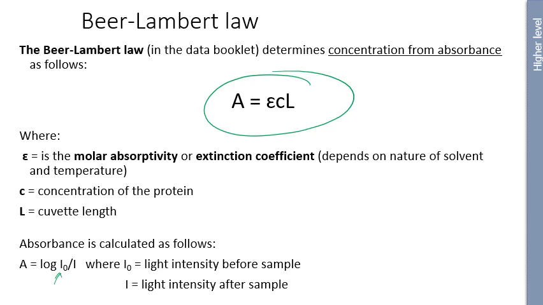If the same cuvette and experimental conditions are used, the product of the extinction coefficient and the length will become a constant, so the protein concentration can be determined by the calibration curve of concentration versus absorbance, because that becomes a constant and that becomes a constant. So essentially A is proportional to C.